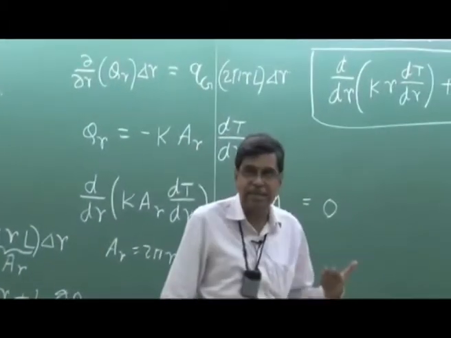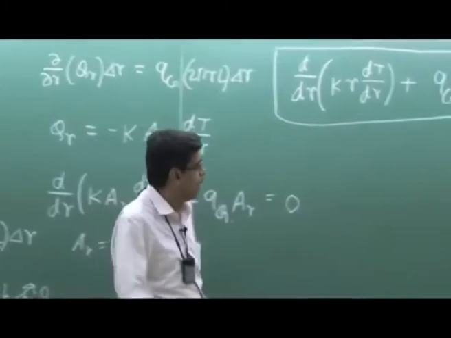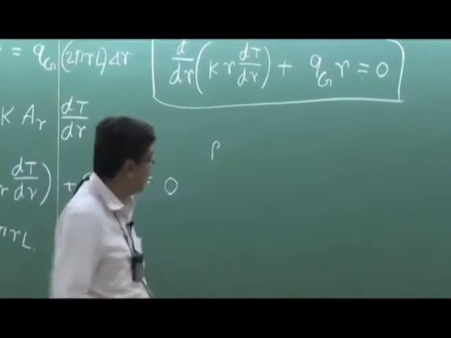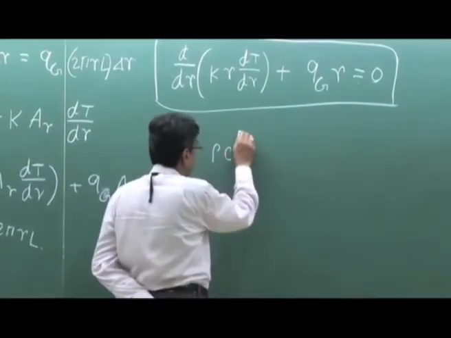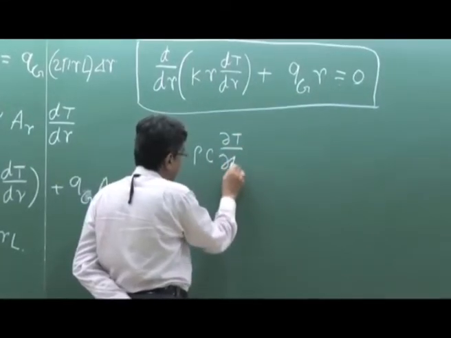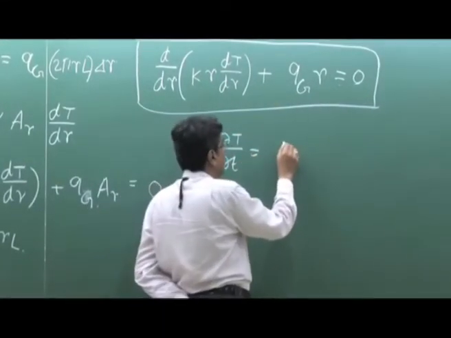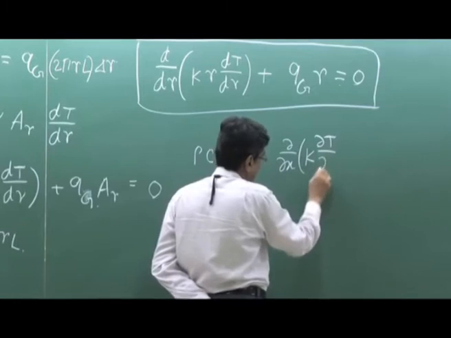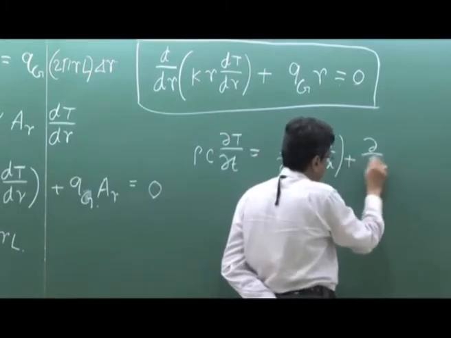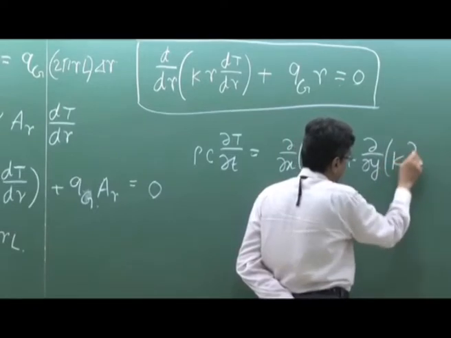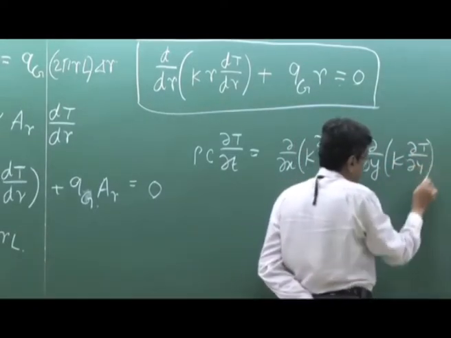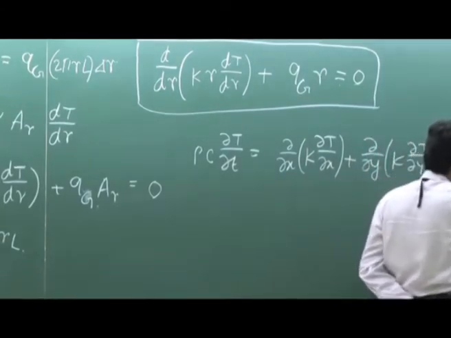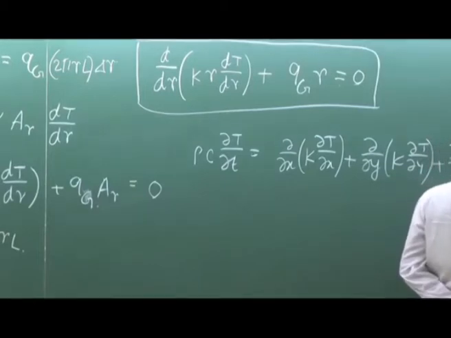Just for your interest, if you recollect the general energy equation which was derived in the class in a Cartesian frame of reference: rho c del T del t is equal to del del x of k del T del x, plus del del y of k del T del y, plus del del z of k del T del z, plus Qg.